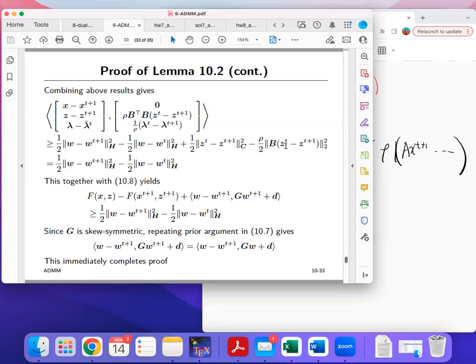And in particular, the last two terms cancel out with each other, because of B and C, and the definition of C is exactly B transpose B. So these two terms can cancel out with each other. So we end up with only the difference of the first two terms.